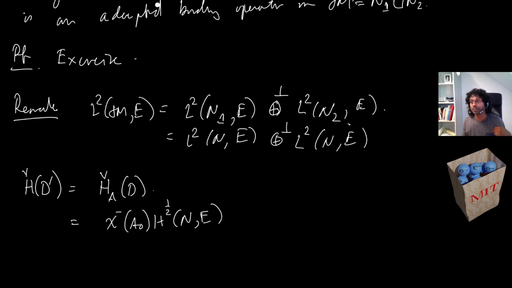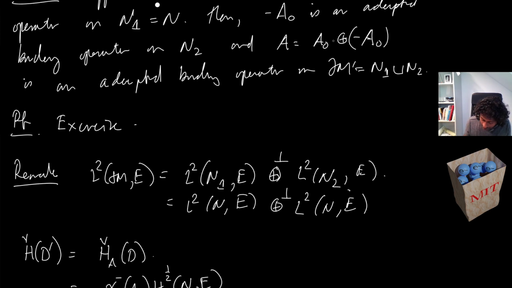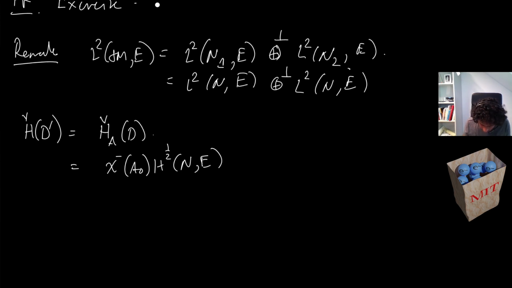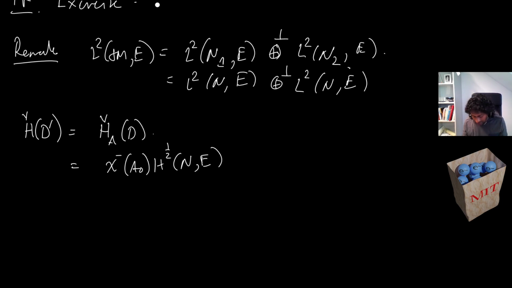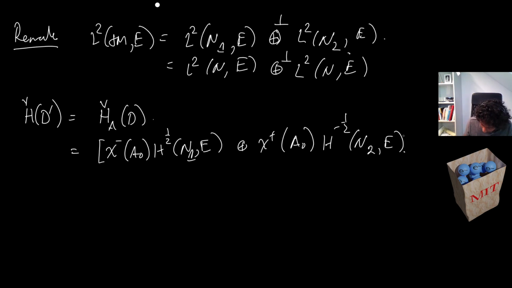Second M, okay. So now the check space, what happens? So the form of the adapted operator is A naught and minus A naught. So we have chi minus of this A naught H1 plus chi plus of, well, I'll put N1 here and N2 here as just for the moment, A naught H minus a half of N2 E. So this is for the first copy, right?